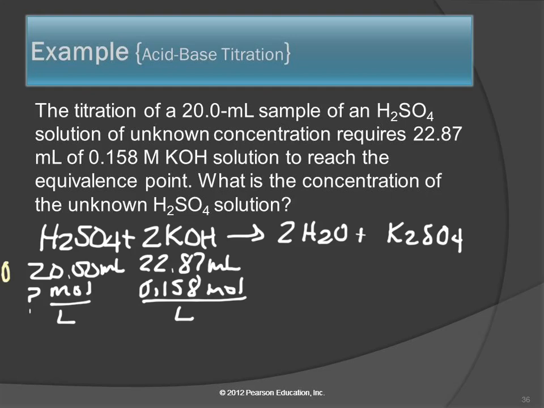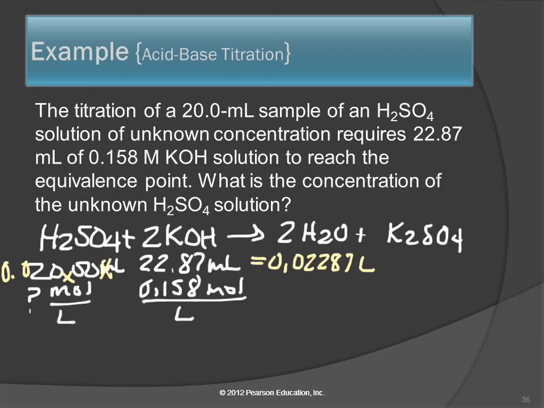So this is going to be 0.0200 liters. Oh, I didn't leave nearly enough space. And 22.87 is going to equal 0.02287 liters. So if you need to write it all out, please do that. I don't have space here.